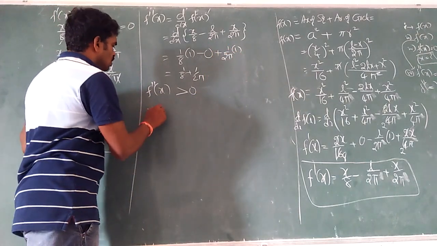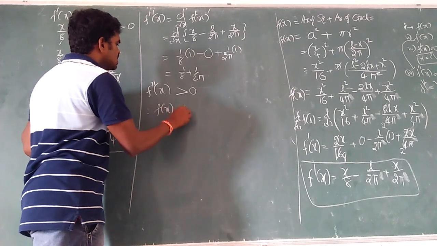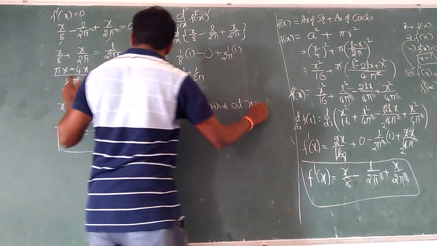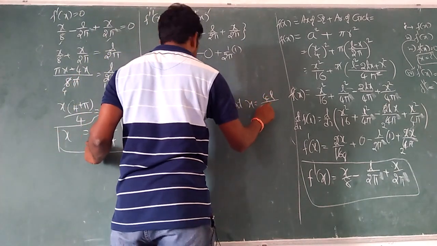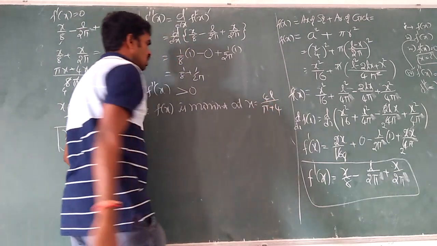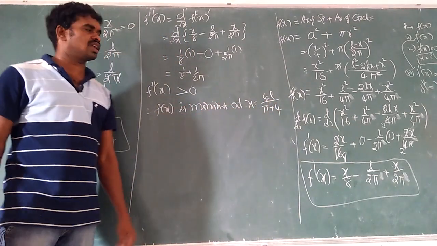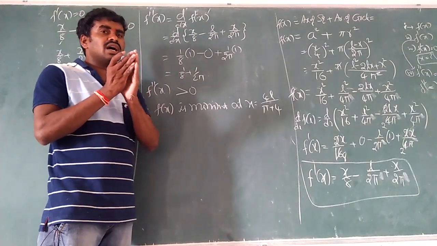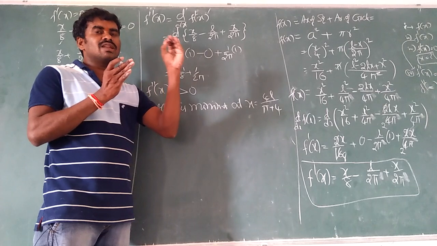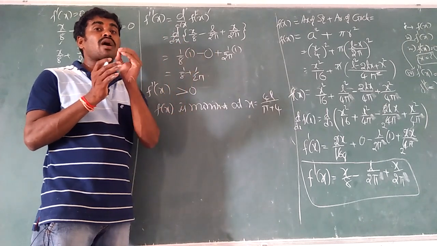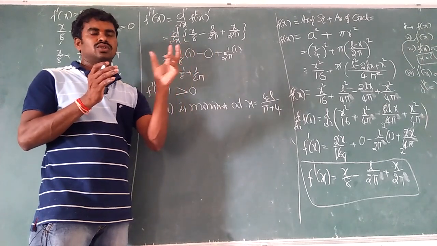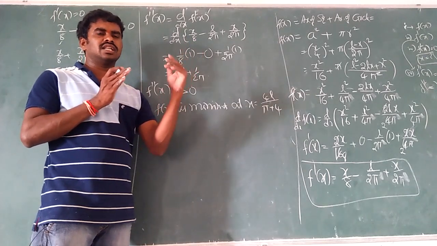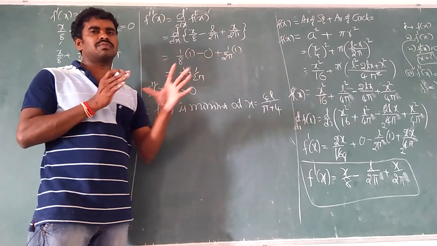Therefore f of x is minimum at x equal to 4L by 5 plus 4, because at that time we got the x value as 4L by 5 plus 4. Actually, the question is asking what are the x value and L minus x value, that is, the two parts of the wire respectively. One part we assumed as x, another part L minus x, that we have to find.